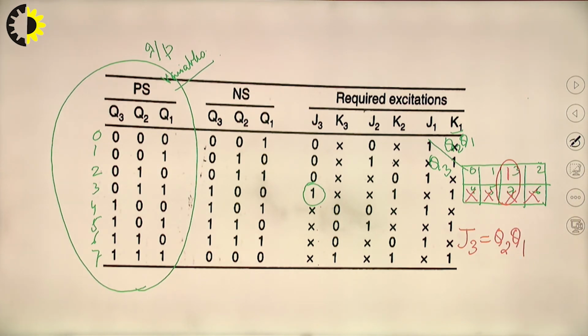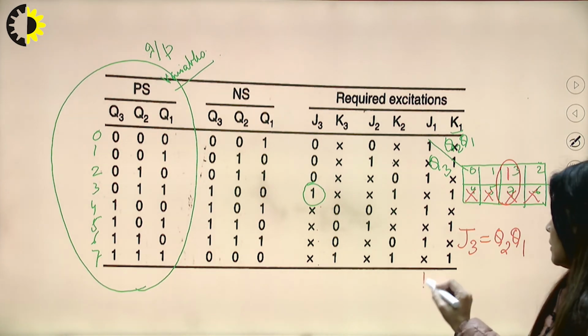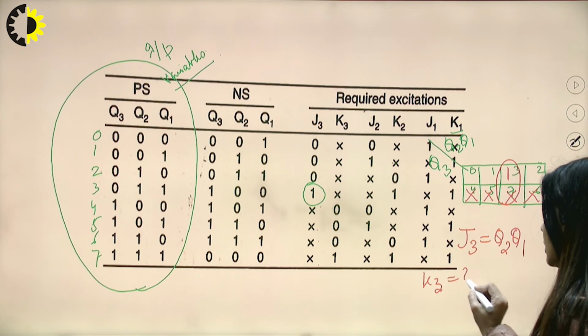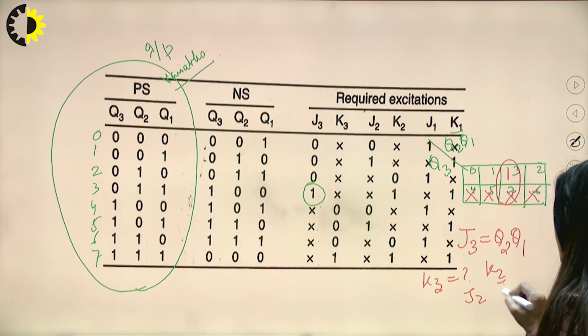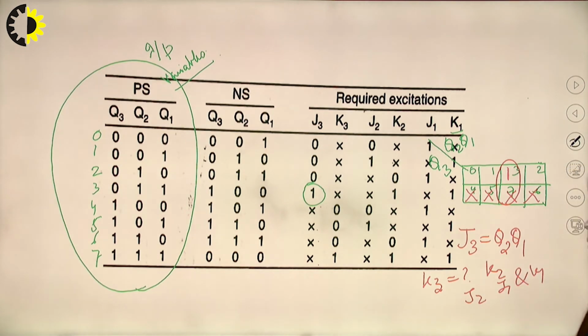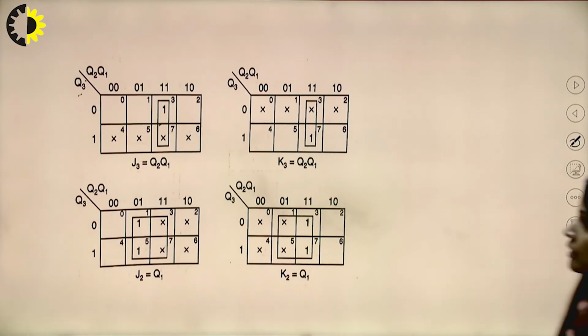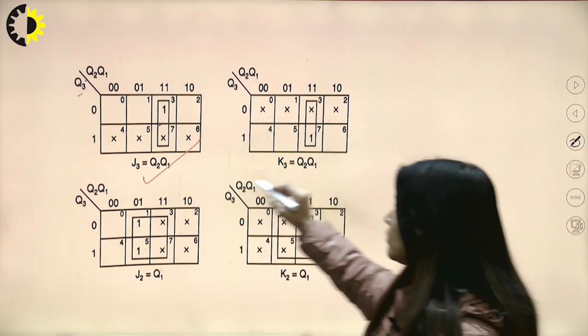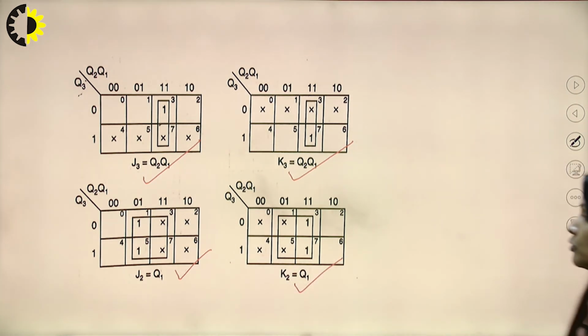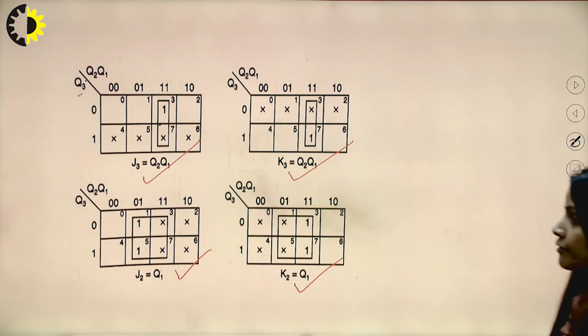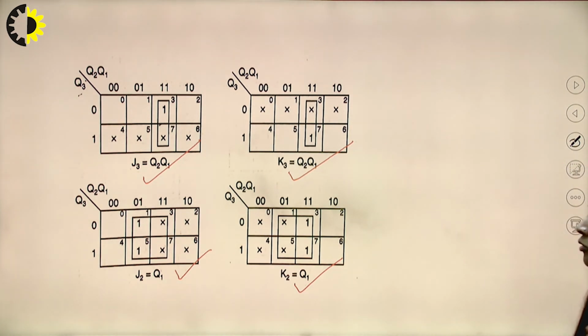Okay, right? So in this way we will make the K map for K3, K2, J2, J1 and K1. So here we get J3 as Q2, Q1, K3 as Q2, Q1, J2 is equal to Q1 and K2 is equal to Q1.